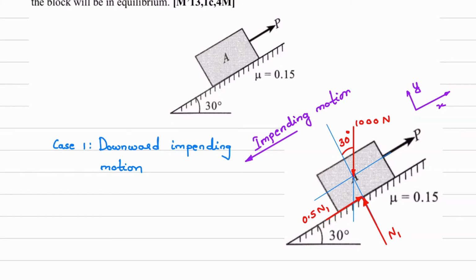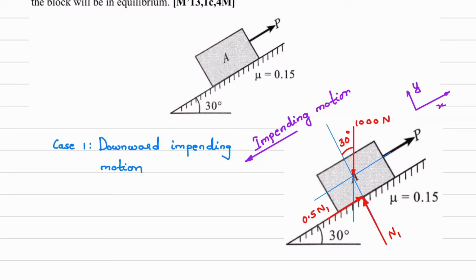If this effort P is not enough to hold this block A in equilibrium, then there will be impending motion in downward direction. So the block is just about to move; before that, what is the effort? Meaning the block will remain in equilibrium. So we have to calculate that value.